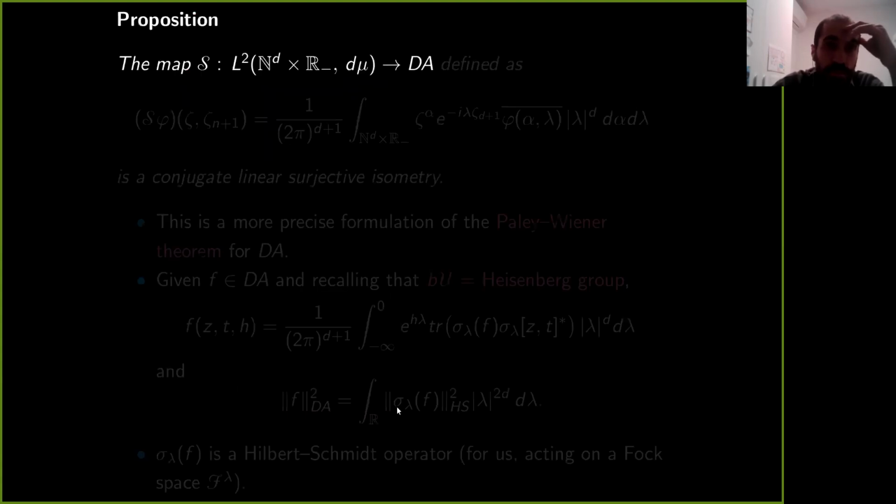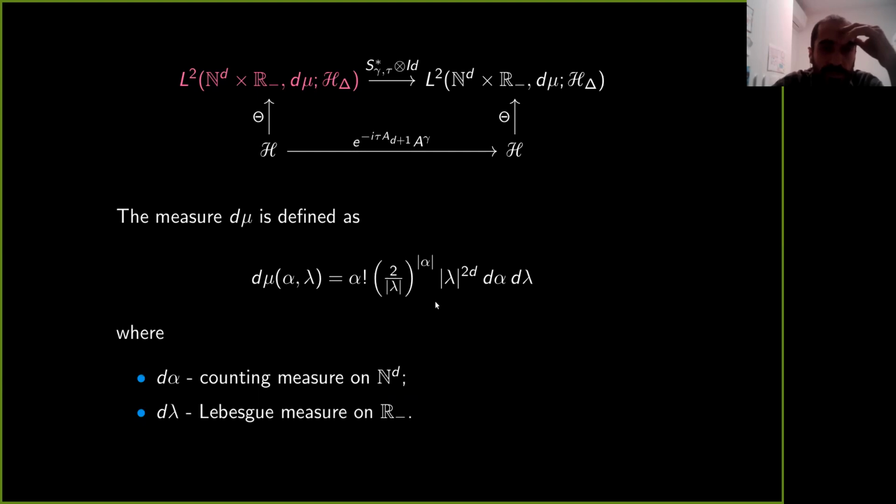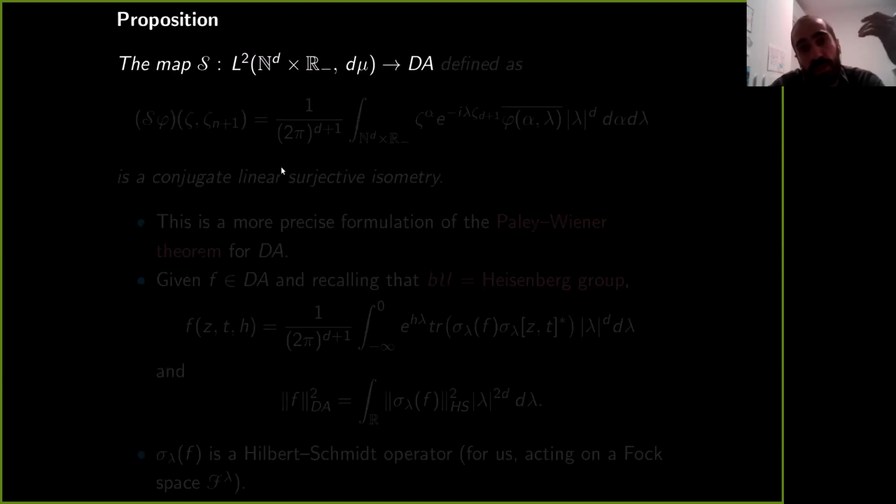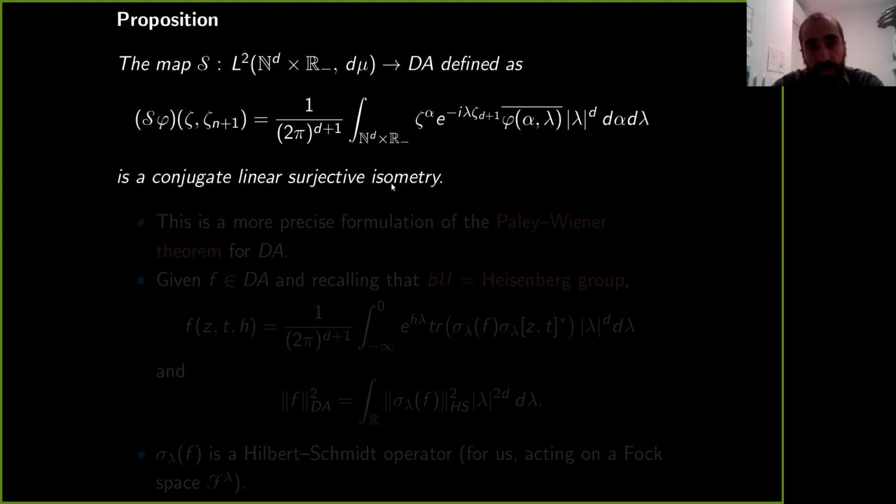So why would we have this measure and why do we have this L2 space? This space is just a copy of the Drury-Arveson space, meaning that we have a map from this L2 space into A, which is a surjective isometry. And the map looks explicitly like this.